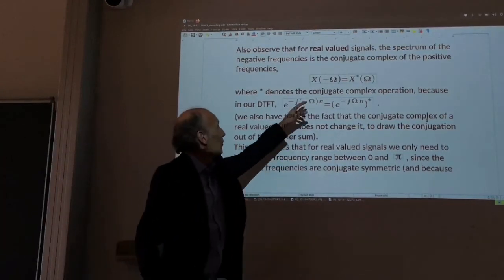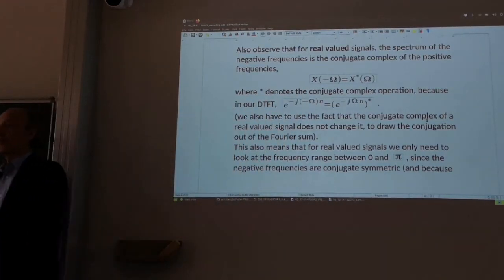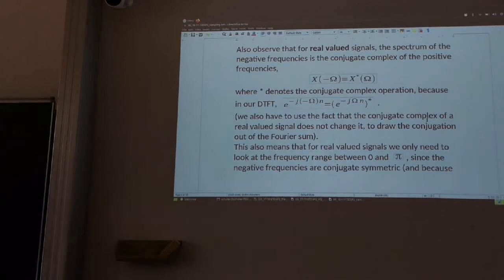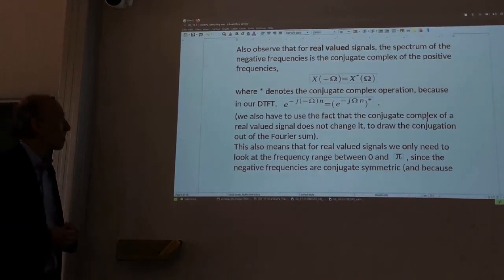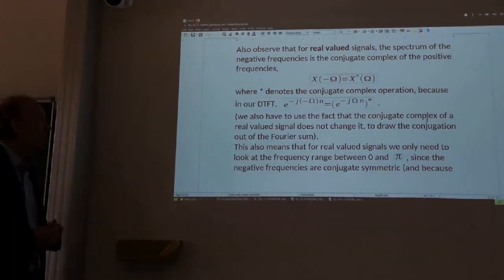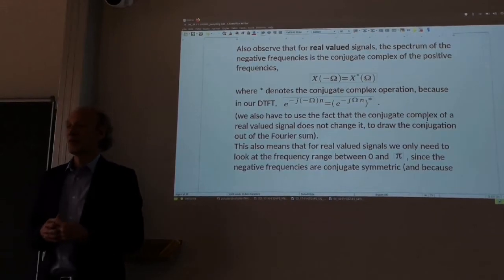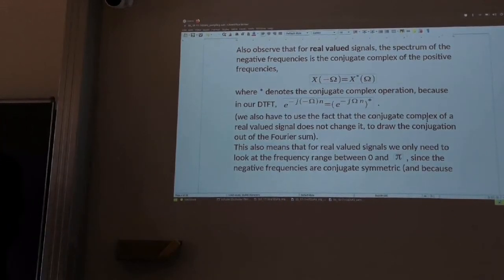So this only holds true if we have real-valued signals, but most of the time we have real-valued signals like audio signals; image or video is all real-valued. But sometimes you also have complex valued signals, for instance in communications.